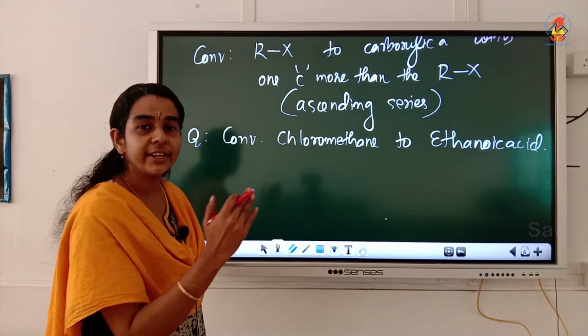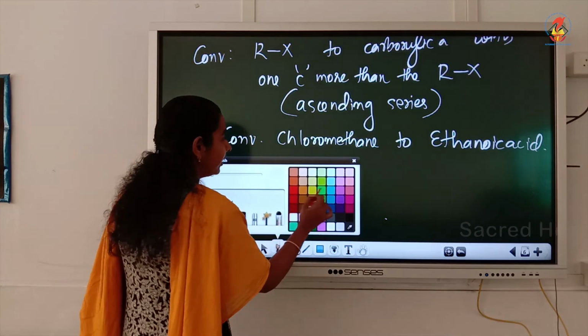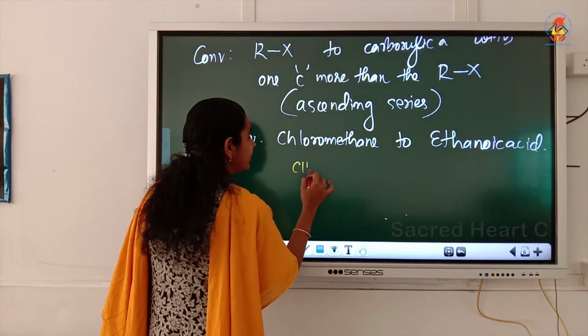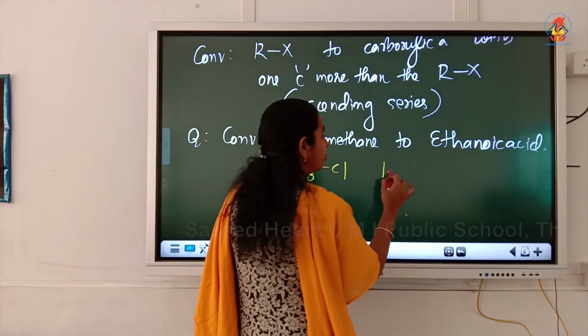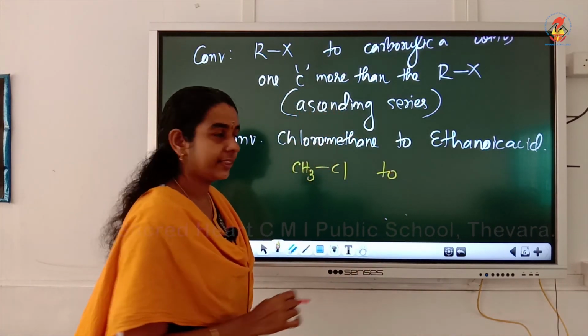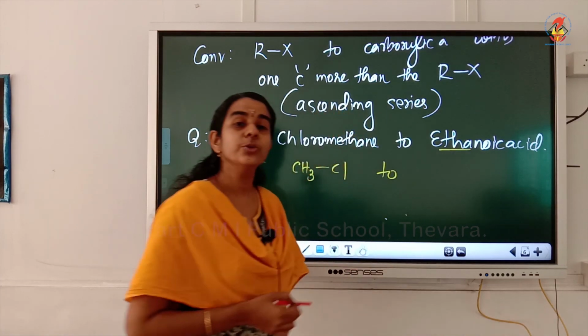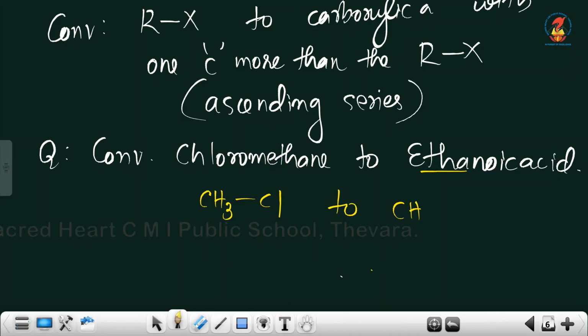We know the chloromethane formula is CH3Cl; it can also be called methyl chloride. Ethanoic acid: eth means 2 carbons, so CH3COOH, and another name is acetic acid. So here we have to convert a 1-carbon alkyl halide to a 2-carbon acid.